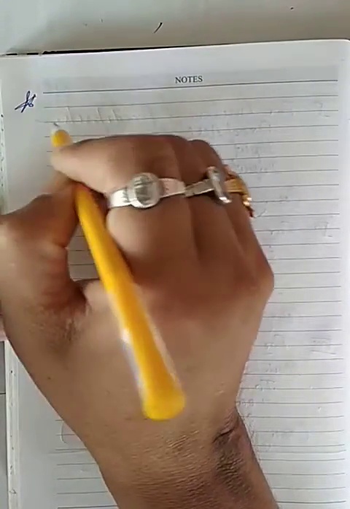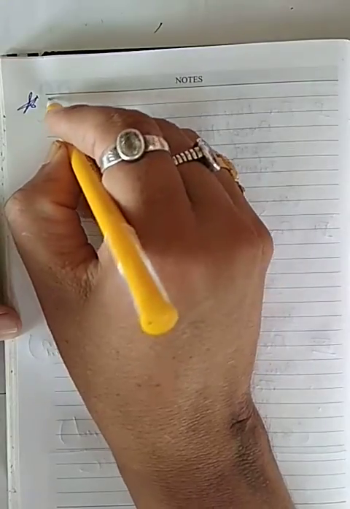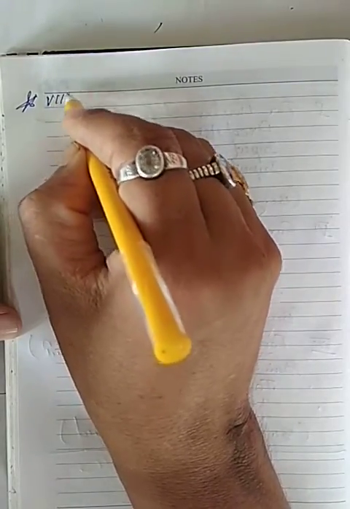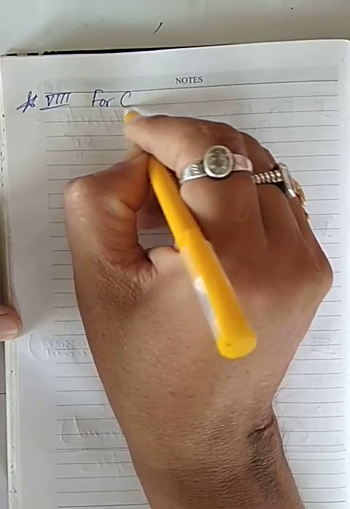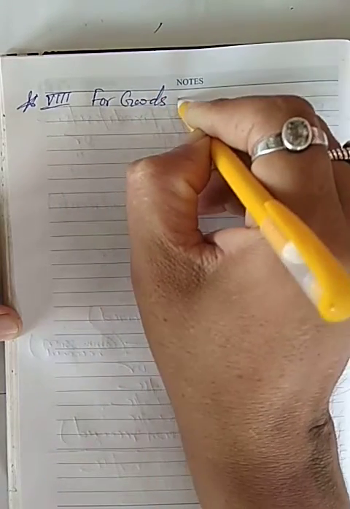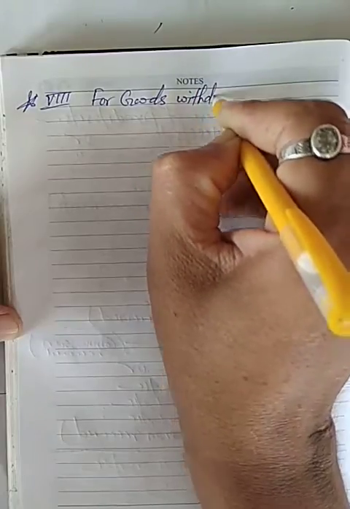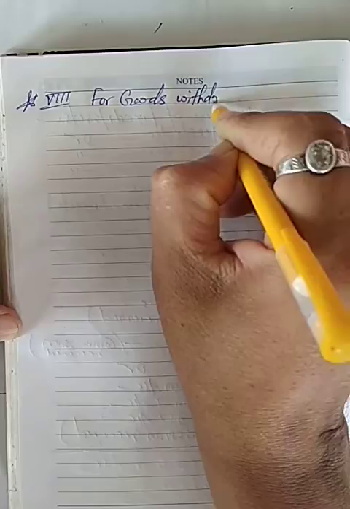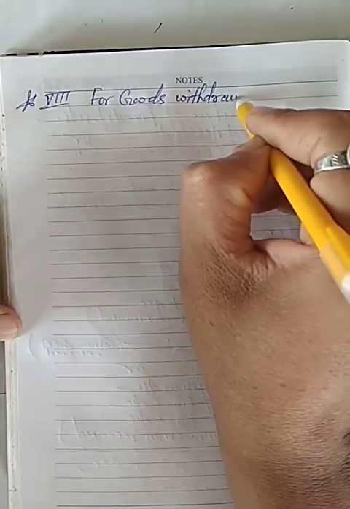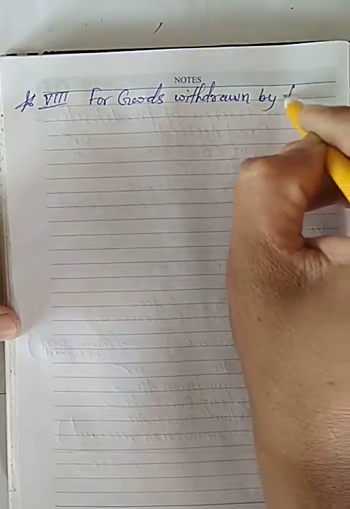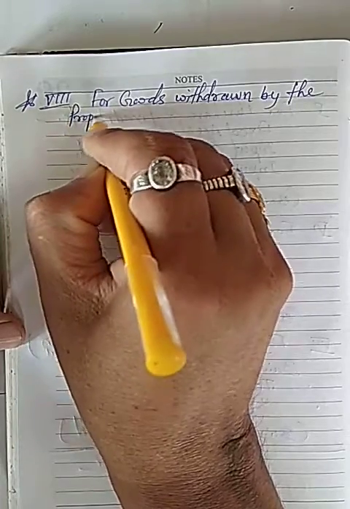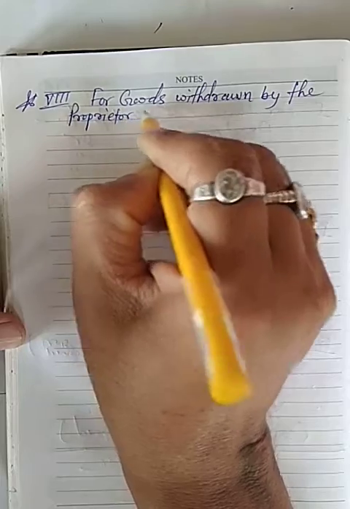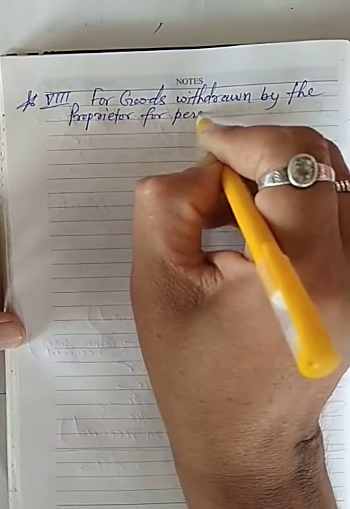Now the next journal entry, number 8, for goods withdrawn by the proprietor for personal use.